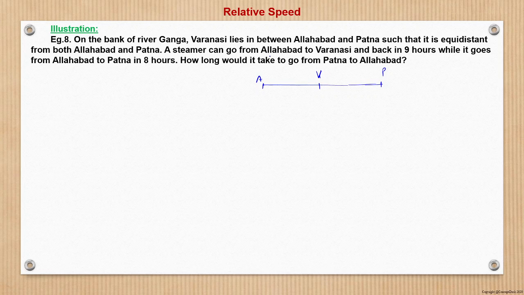Now a steamer can go from Allahabad to Varanasi and back. So that means from here and then here, total time taken is 9 hours.